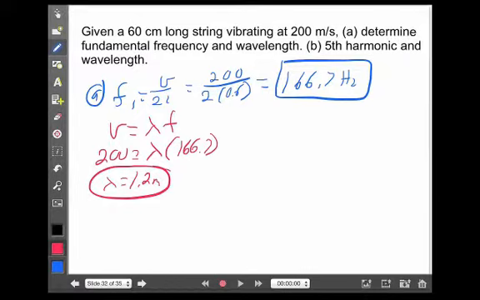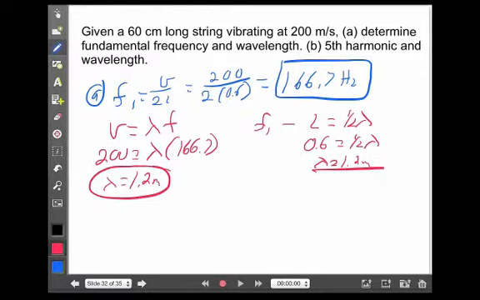Now, there's another way, of course, that we could have done it, which is to remember that at the fundamental, at F1, the length is half of a wavelength. So if the length is 0.6 meters, then the wavelength is still 1.2 meters. Okay, so that's a way to check it if you want to look at it that way.